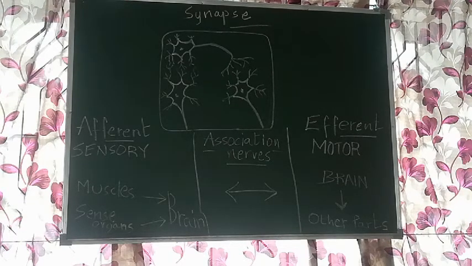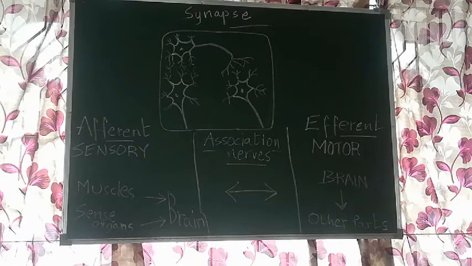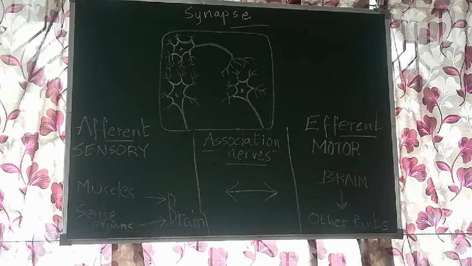Which nerves pass on this information from the brain to the muscles of my body? Motor nerves or efferent nerves. The brain tells your muscles or different parts of your body to avoid that thing which is frightening you and to run away from that place. So these are the different types of neurons in a simple way.